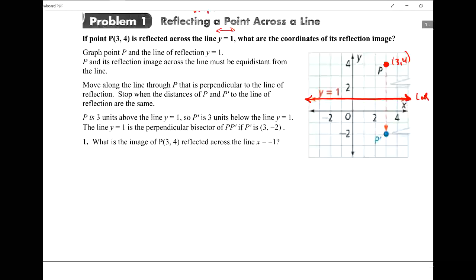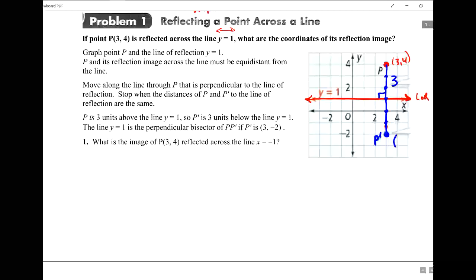So what do we know about point P? Well, we know that this line that it reflects across is going to be perpendicular. And guess what? We have horizontal lines, so vertical lines make it perpendicular. And it is equidistant, so we can just simply count here. 1, 2, 3. Okay? And then we can count 1, 2, 3. And we find P prime.